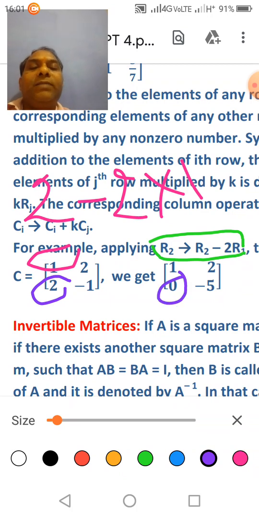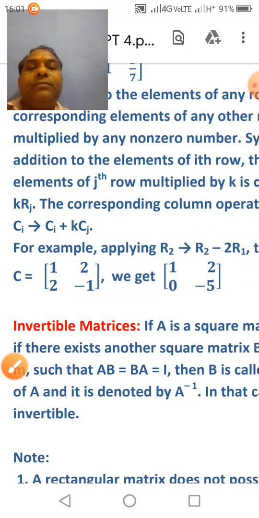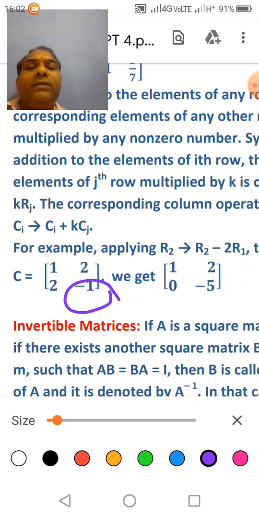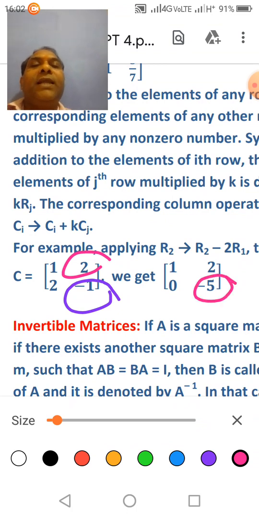Clear? Similarly, you have to operate on the second element of R2 also. Its corresponding element of R1 is here 2. So you have to subtract from minus 1, 2 into 2. So minus 1 minus 4 will be minus 5. So you have to write here minus 5. Clear?